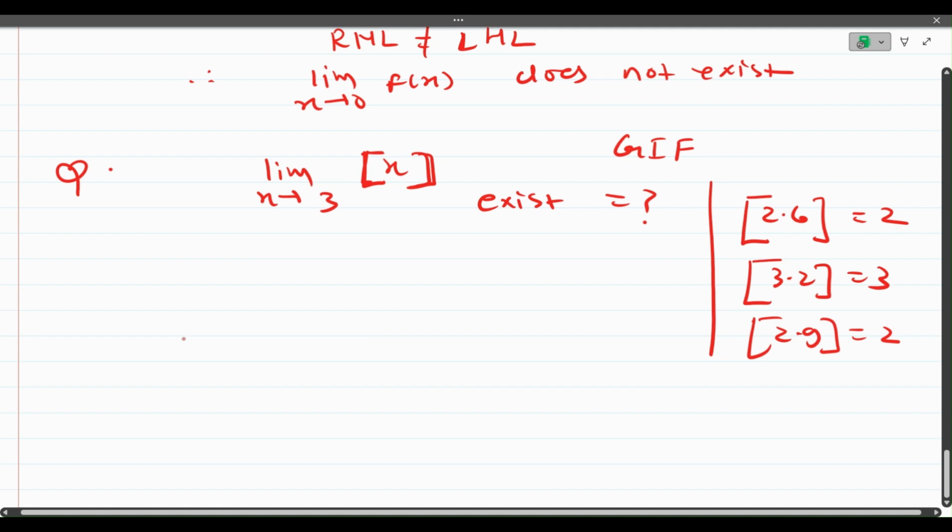So first let's evaluate its left hand side, which is the limit as h tends to 0 of the function at 3 minus h.